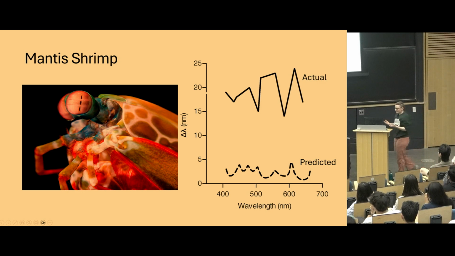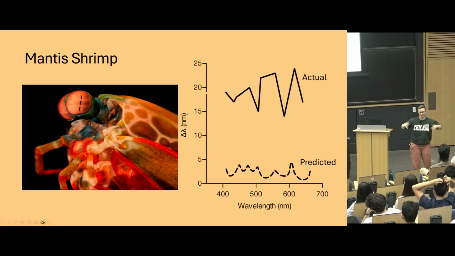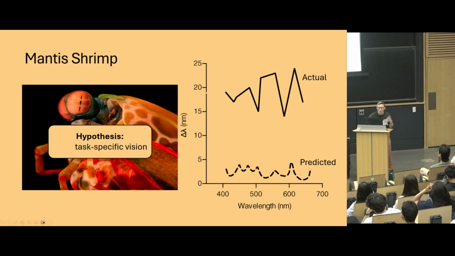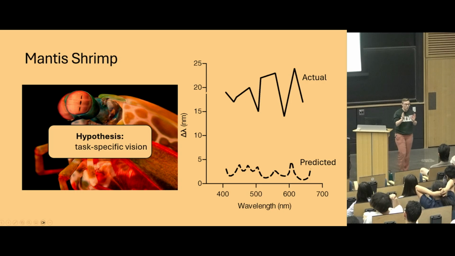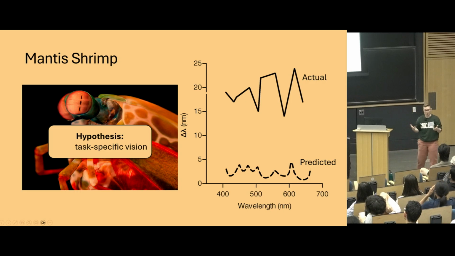And so the hypothesis here is that these receptors are not general purpose, fully fledged dimensions of color space, which makes sense, right? What is this animal whose brain is literally the size of a pea going to be doing carrying around a 12-dimensional color space? That's actually kind of crazy from a computational standpoint. So our hypothesis is that there's task-specific vision going on, and probably because of those narrow bands, they're doing something like band selection, where you don't want to smooth everything out with a PCA.